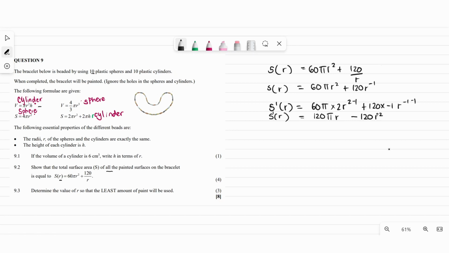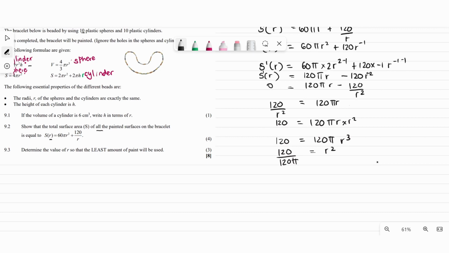Simplify that. When we're finding the least, we need to make the first derivative equal to 0. So it's going to be 0 this side. Then this side, I'm going to take the negative term to the other side, so I can solve for r. I want to get rid of the r squared, so I'm going to multiply this side by r squared, so it's going to be 120 equal to, simplify this, take this 120 pi to the other side.